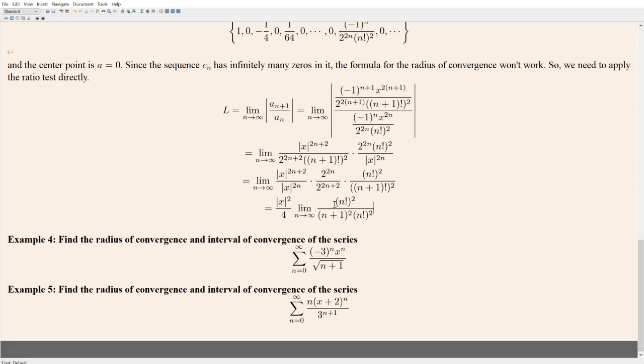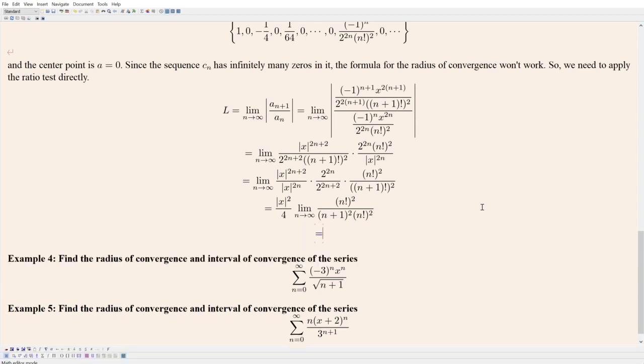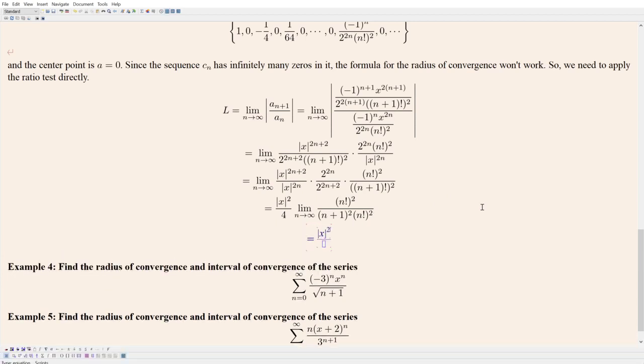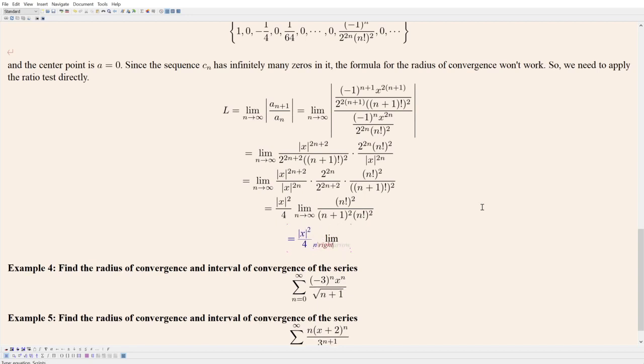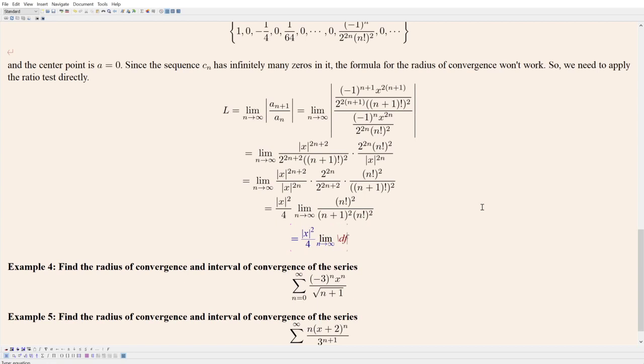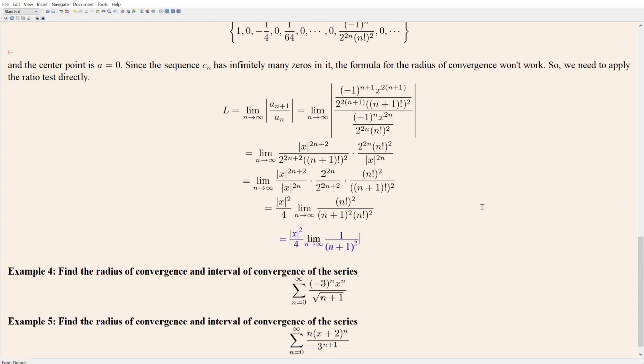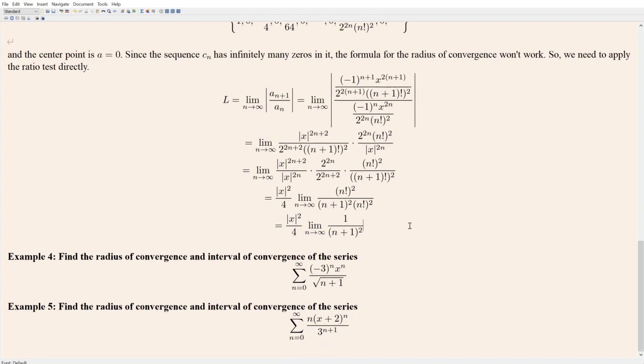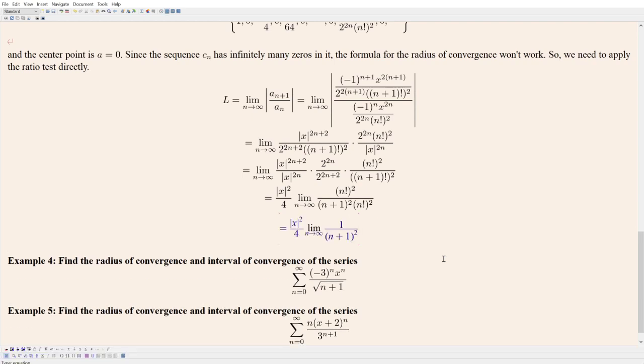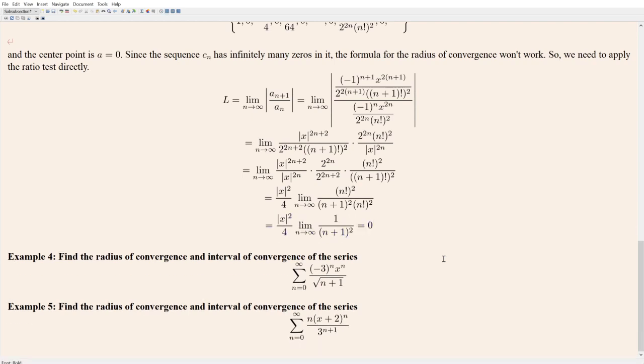And very convenient, because now these n factorial squareds are going to cancel. So we have 1 over n plus 1 squared left over. Okay, very nice. So now, this is going to go to 0. So this limit is 0.